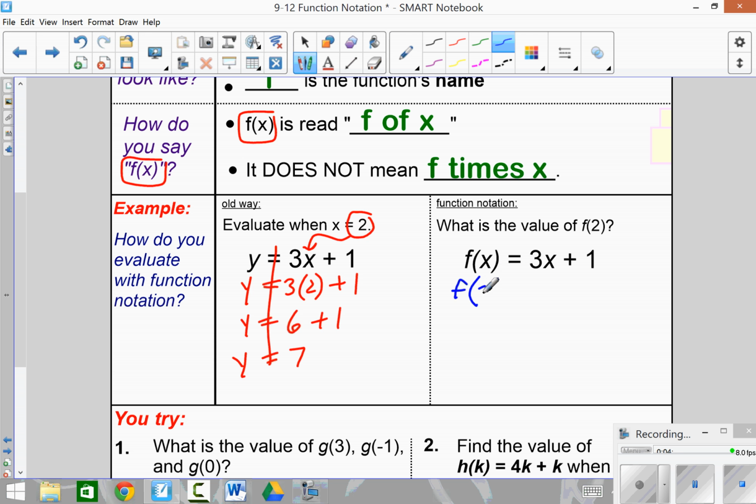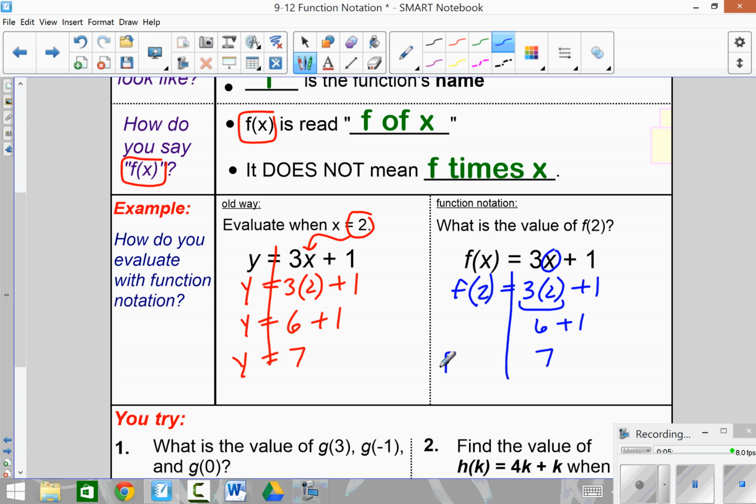So that means the x is going to be 2. Everywhere in this function, 3x plus 1, you're going to replace the x with a 2. I see 1x here, so I'm going to replace that x with a 2. So I'm going to have 3 times 2 plus 1, and I'm going to evaluate this. 3 times 2 is 6, and 6 plus 1 is 7.